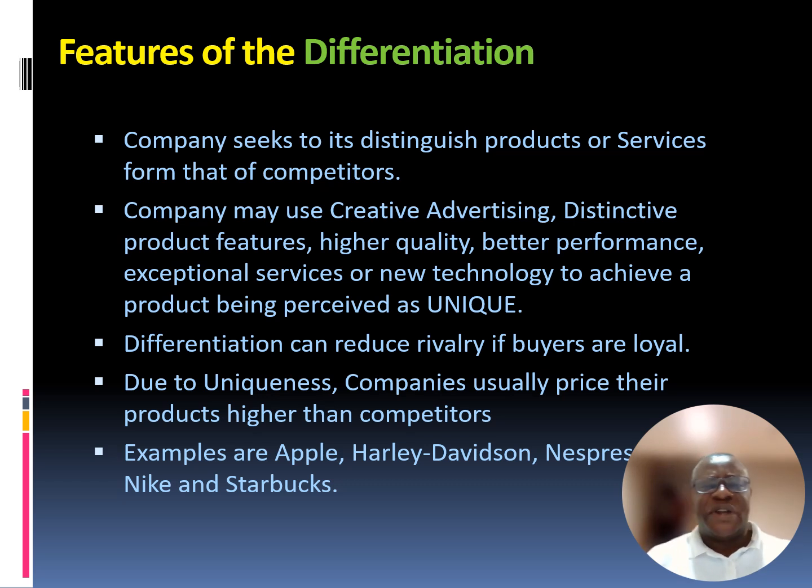Examples of companies that work on the differentiation strategy are Apple, Harley Davidson, Nespresso, Nike, and Starbucks. We all know that Apple is very unique. When you have an Apple computer, it's very different from most of the other computers.